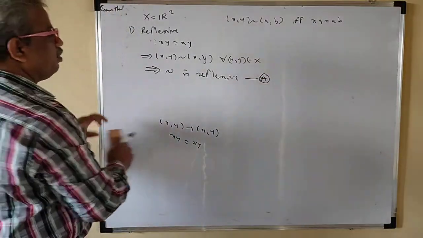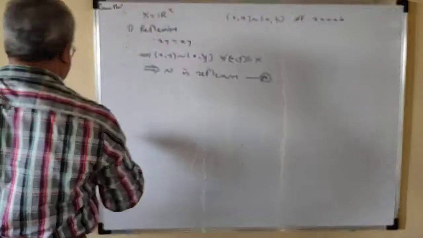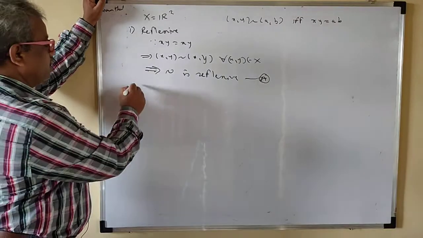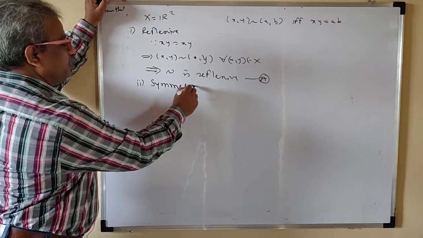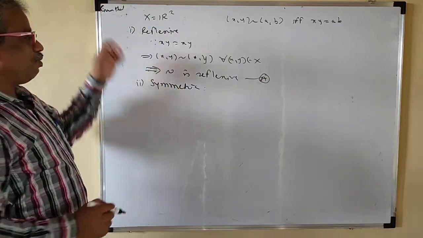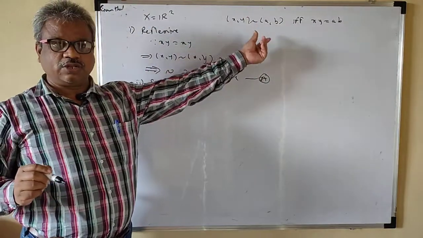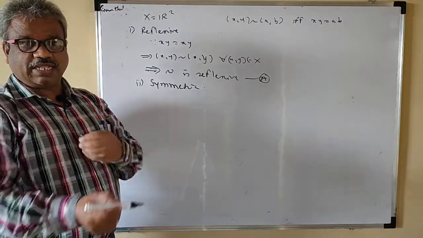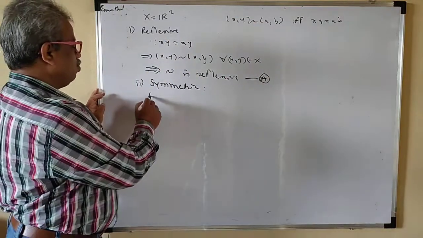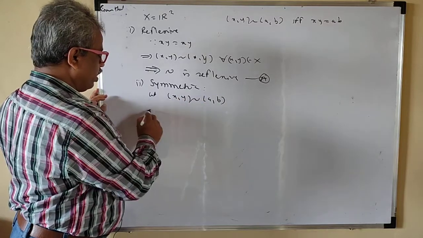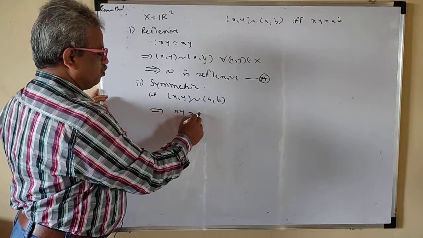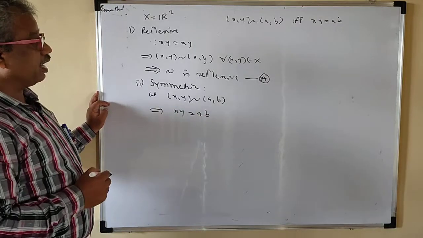Okay. Now second is symmetric. What we have to do is assume that (x,y) is related to (a,b), and prove that (a,b) is related to (x,y). So let (x,y) be related to (a,b). What does this imply? xy is equal to ab.